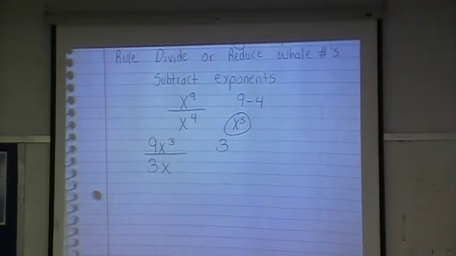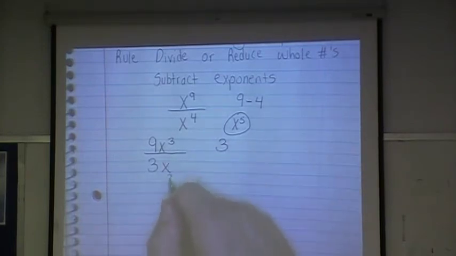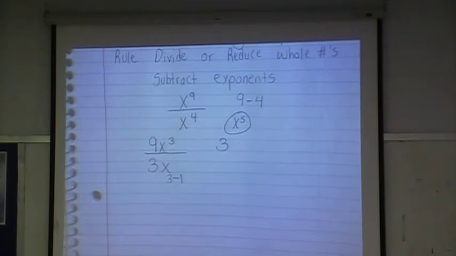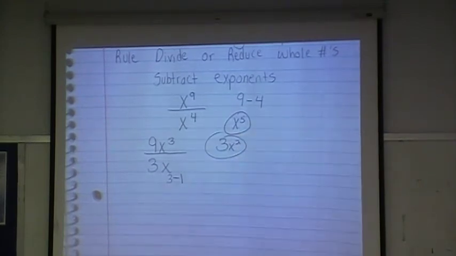Now, I've taken care of my whole numbers. Now I've got to look at my exponents. What do you do to your exponents when you're dividing? Subtract. You have to say, okay, the 3 goes down first, minus what? 1. Good. What is 3 minus 1? 2. So your answer is 3x squared.